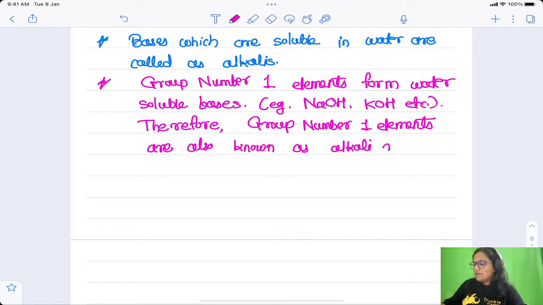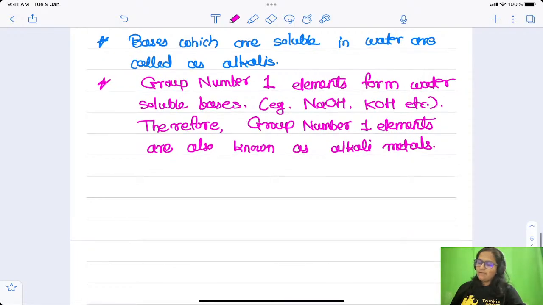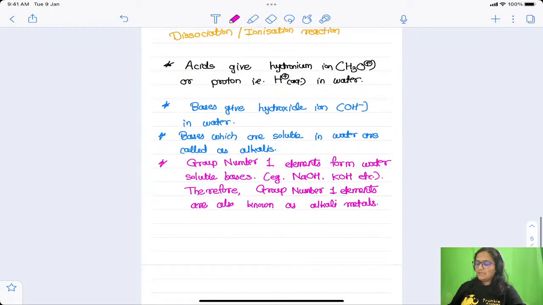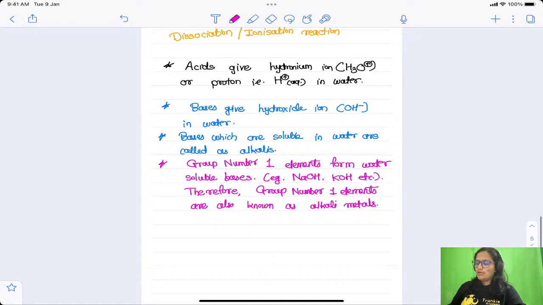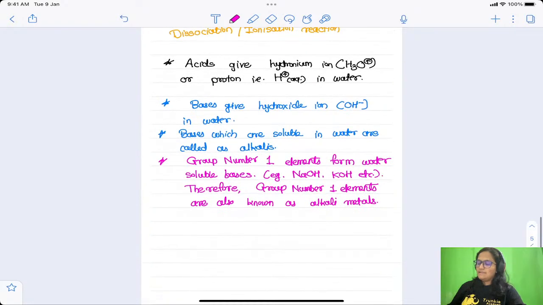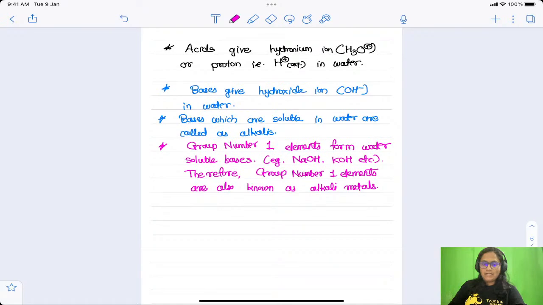This we have learned already in the periodic classification of elements. This is the reason we call group number 1 elements alkali metals. So these are the important things related to the acids and bases dissociation reactions.